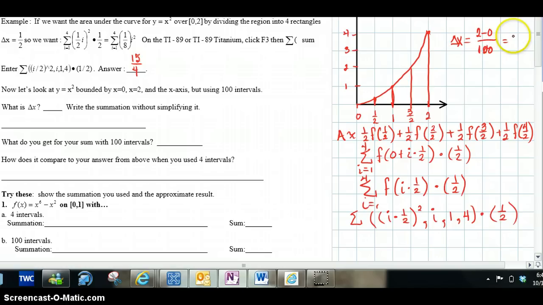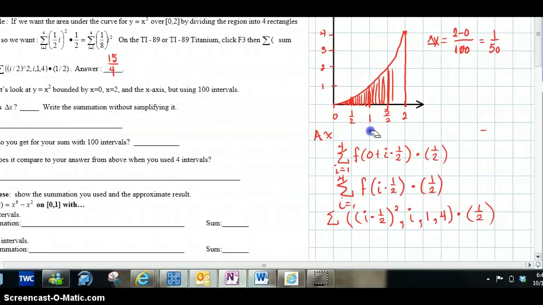Each width is no longer 1/2, it's now 1/50th. So we're going to have 100 rectangles divided in that area. Now the smaller the intervals are, the more accurate our area is going to be. If I could draw 100 rectangles in there, I would.